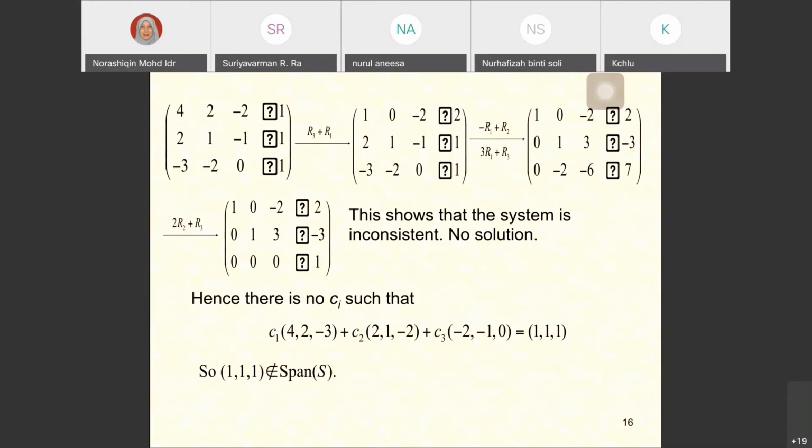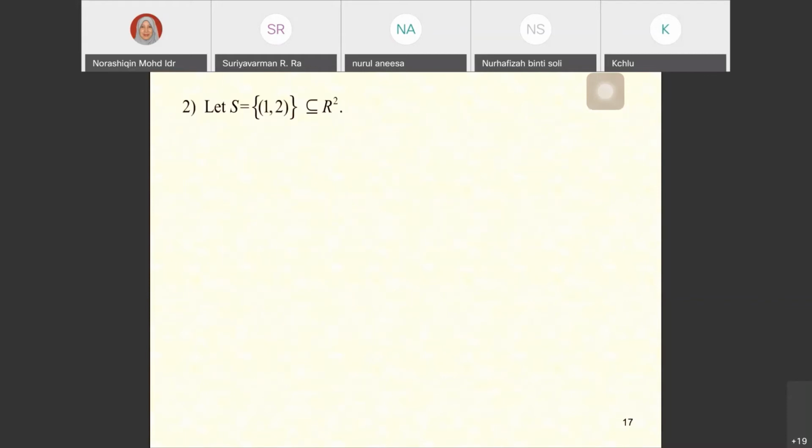One more example. Let S equal (1, 2) in R2. Show that span of S equals the set of (x, y) with y equal to 2x.